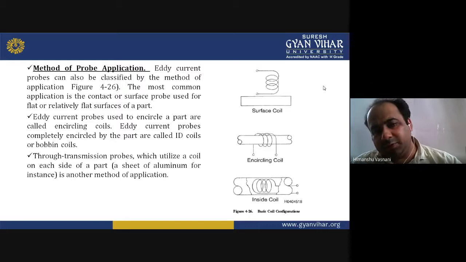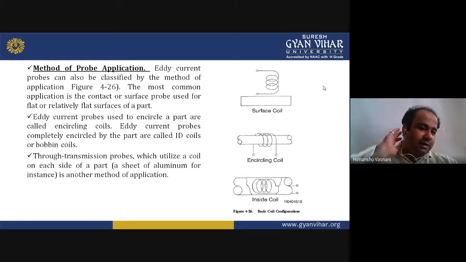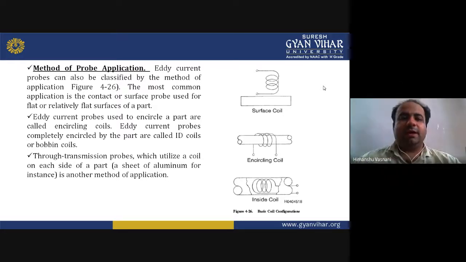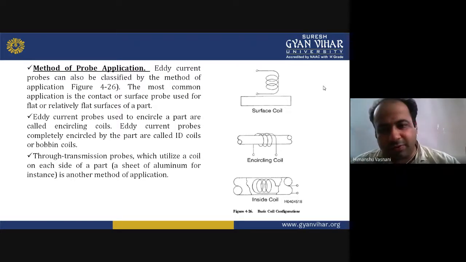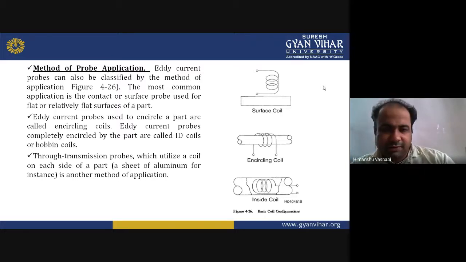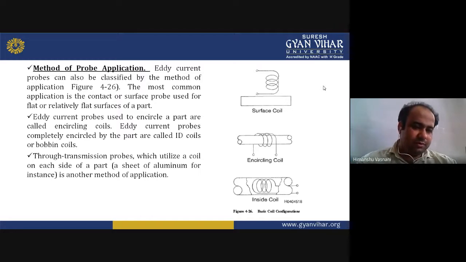Eddy current probes that are used to encircle a part are called encircling coils. Eddy current probes completely encircled by a part are called ID coils or bobbin coils. Then there are through transmission probes, which utilize coils on each side of a part, for instance a sheet of aluminium, as another method of application.